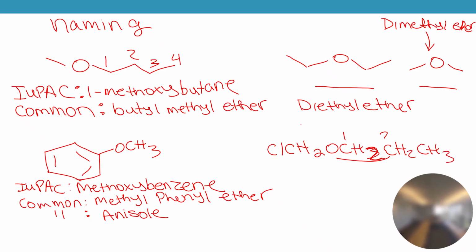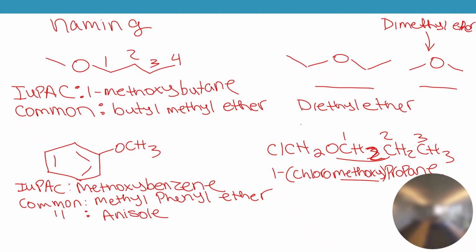All right, so 1, 2, 3. So that's a propane with a chloromethoxy on carbon 1. We put that in parentheses to indicate that the chloro is coming off of the substituent and not part of the longest chain. Now, because it is a methoxy, we don't have to indicate the 1 because it can't be anything else. This is IUPAC nomenclature, so we don't have any space, and we name this as a propane.